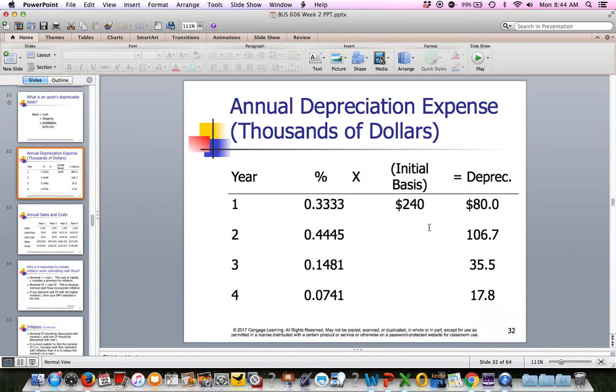If I've got revenues, I subtract depreciation from my revenues to get down to a net income number. Same thing for finance: I'm focusing on cash flows, but I have to back out depreciation expense because it reduces my tax bill. But depreciation expense is also a non-cash item, so it's an expense that doesn't involve cash. And so we're depreciating this at these factors. The initial cost was 240 multiplied by the depreciation factors right there.